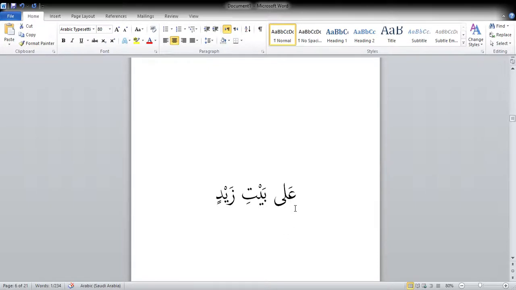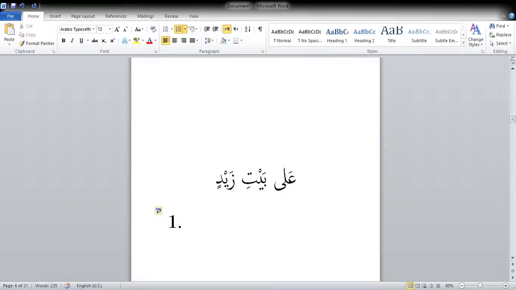The next one is ala bayti zaydin. You have ala as the harf jar, acting on bayti, putting it into majrur state, and bayti is also the mudaf in the mudaf ilayh construction with zaydin. How do you know this is mudaf? What are the signs of mudaf?